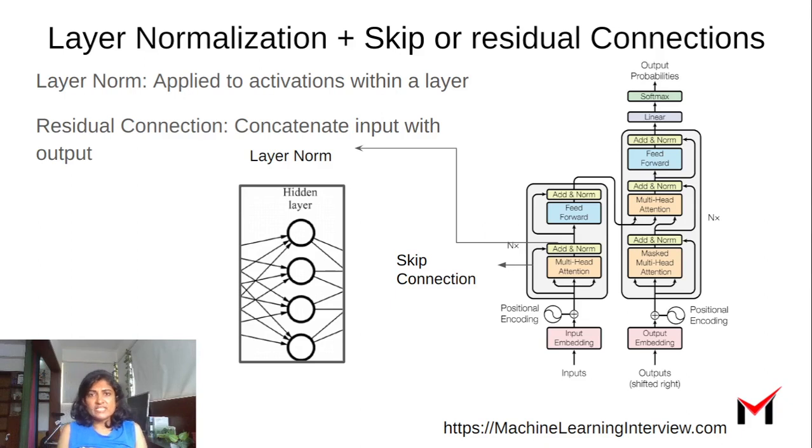The next is layer normalization and skip or residual connections. Normalization is typically done to data sets in machine learning applications where you want to get different inputs to the same scale. Now layer norm is typically applied in deep neural networks to overcome something called internal covariate shift.